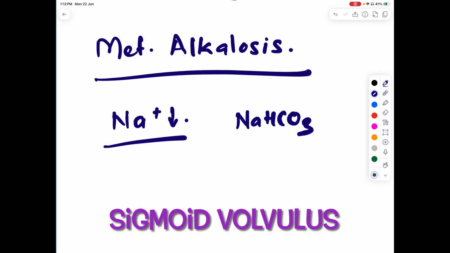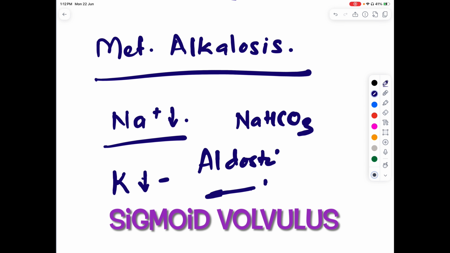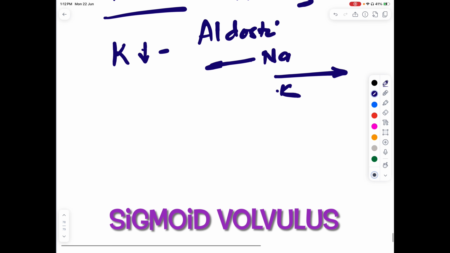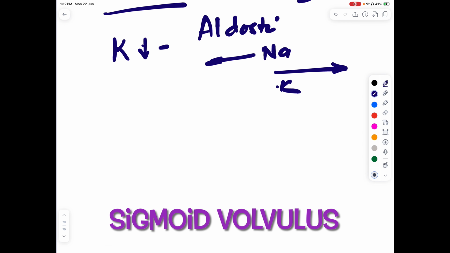Hypochloremia because of vomiting. Hypokalemia with increased aldosterone: a lot of potassium is present in the distal tubule, and due to increased aldosterone, it tries to reabsorb sodium and potassium goes out. Water follows as well. Then why is bicarbonate raised? Whenever the renal tubules take up in response to chloride, there is a chloride shift. So bicarbonate is taken and chloride is in.